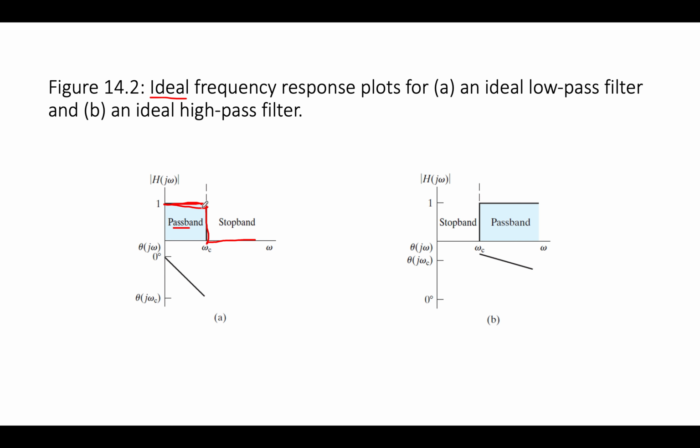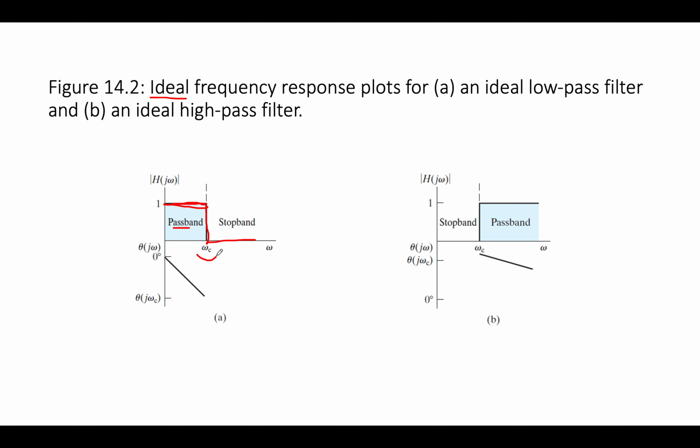So frequencies very close to this vertical line have the same output over input voltage ratio as frequencies very close to 0. And in the stop band, it's all 0, and it's flat in the stop band as well. So flat in the pass band, flat in the stop band, abrupt transition from pass band to stop band. That's what constitutes an ideal filter.